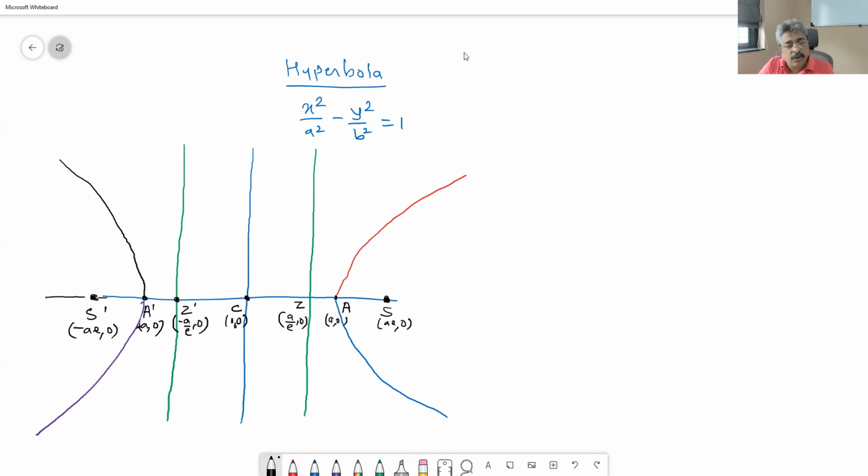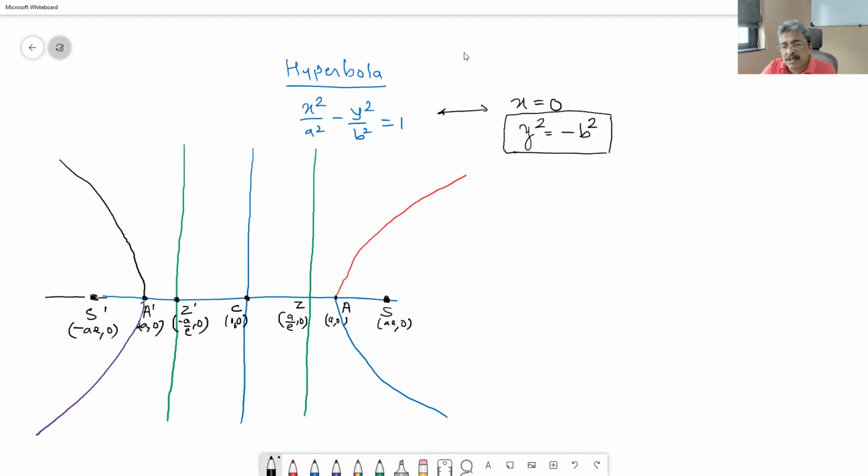Basically, we wanted to solve the y-axis, which is x equal to 0, simultaneously with this hyperbola, and we ended up getting y square is equal to minus b square. We will have to figure out what we mean by this.